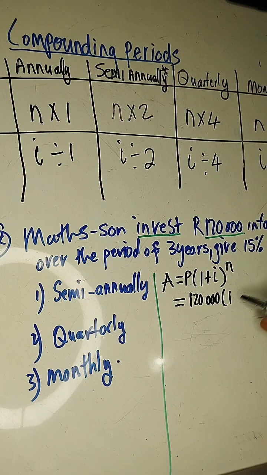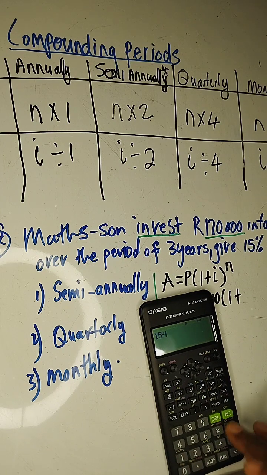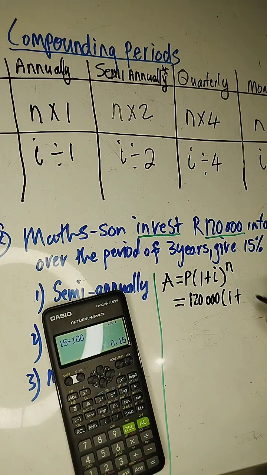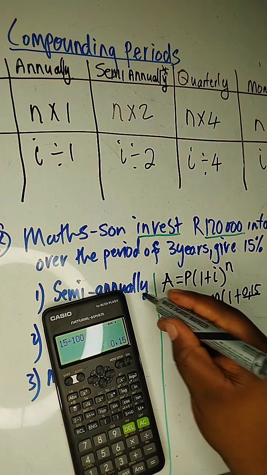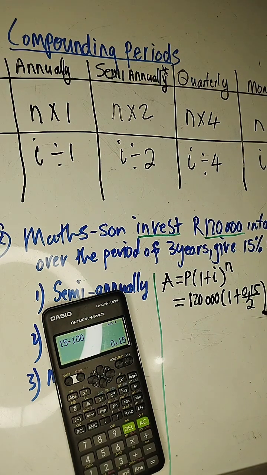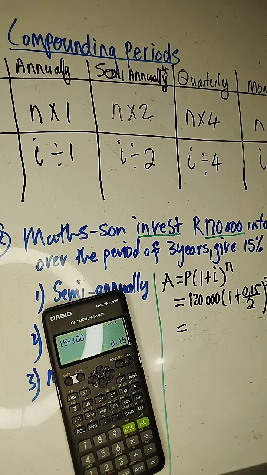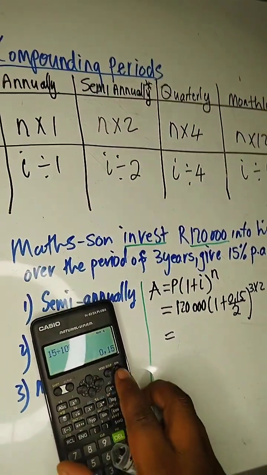So we have P being 120,000 into 1 plus our I, which is 15%. We start by saying 15 divided by 100, which gives 0.15. So we have 0.15 divided by 2, since it's semi-annual. Exponent, how many years? 3 years times 2. Then we punch it on our calculator. Can you see how we do the compounding periods?